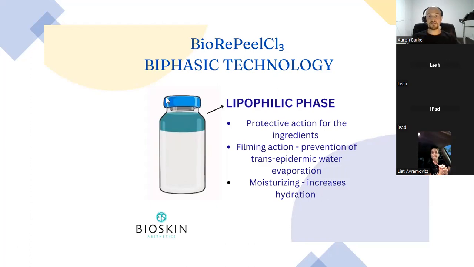And then using these other ingredients, both in the BioRePeel itself, as well as in the hydrating serum and the firming cream, to backfill those channels in the upper layers of skin with that moisturizing, hydrating, nutrients that are going to help lock in that chemical activity below, lock in some moisture and hydration in the upper layers of the skin, and keep nutrients and moisture there to prevent the peeling and the flaking and the excessive dryness and things like that.